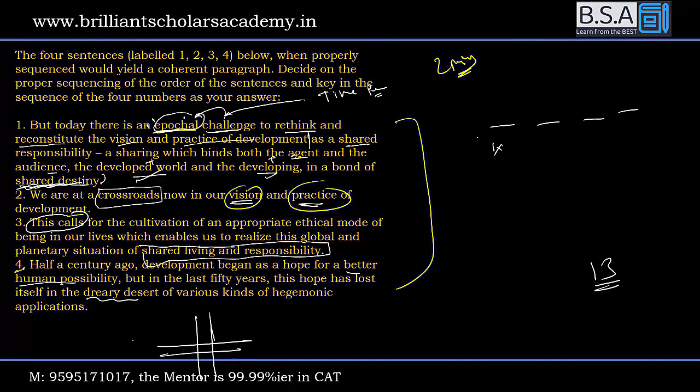Then fourth sentence goes on to explain 50 साल पहले why did we start the development up half a century ago. Fourth option, half a century ago, how did we and why did we start development for better human possibility. But in last 50 years something happened because of which our vision was lost, our hope was lost, because others have started to control our applications, hegemony or applications.